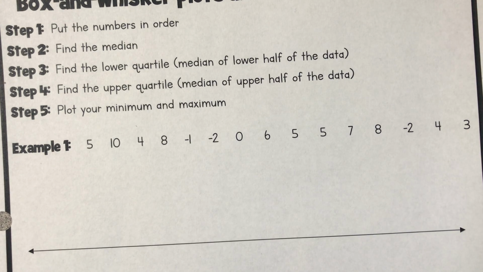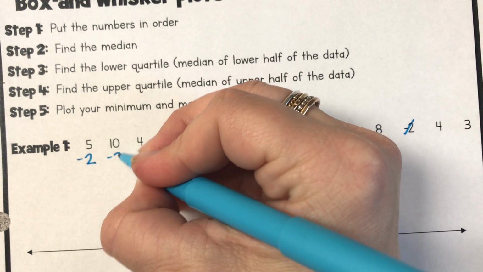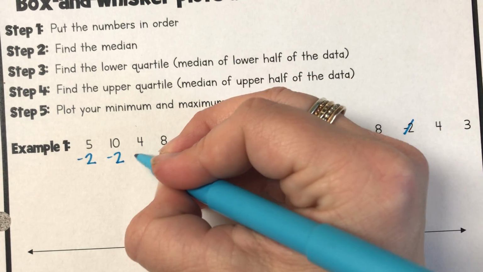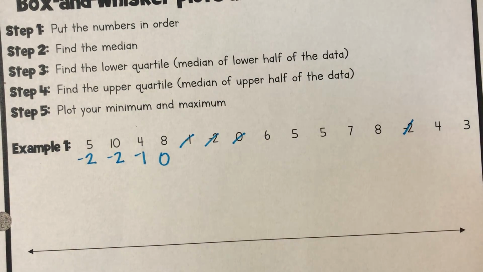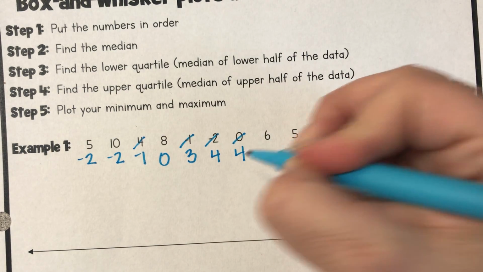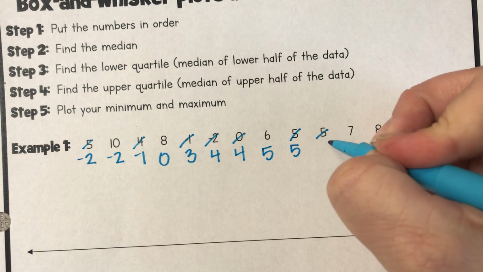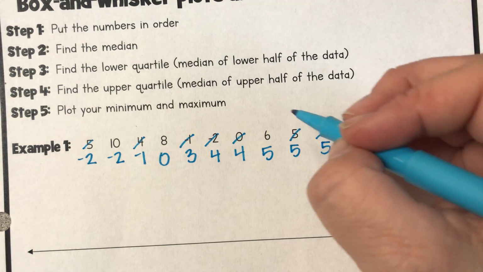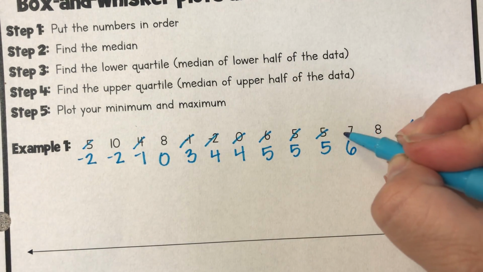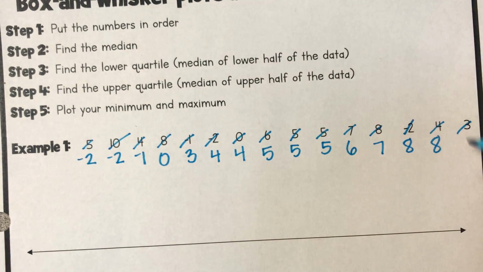So for number one, when I put my numbers in order, okay, I have a -2, another -2, -1, 0, then I have a 3, I have 2 4s, 4, 4, and then I have a 5, a 5, a 5, then a 6, a 7, 2 8s, and a 10.